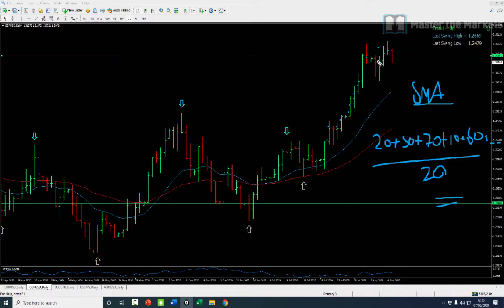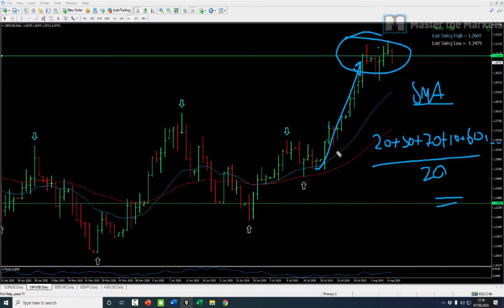But the EMA, the exponential moving average, gives more weight to the most recent price action. So if the recent price action has suddenly started to spike up, for example, your EMA will give more weight to that, and the gradient will start to become steeper.